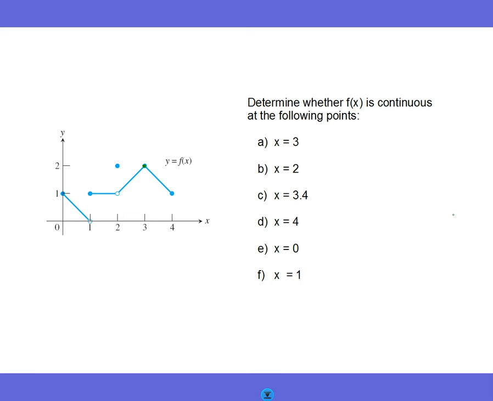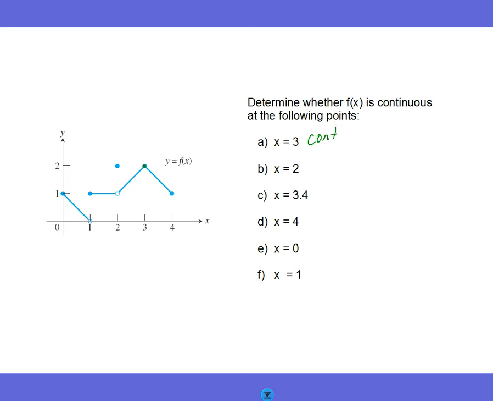Let's take a look at x equals 2. If I go here to x equals 2, I have to take my pencil off the graph to circle the dot and then come over here. Well, that's no good. So it's not going to be continuous. So here we have an idea.